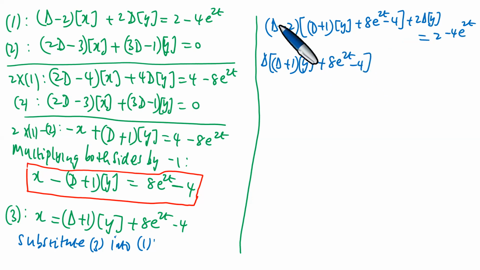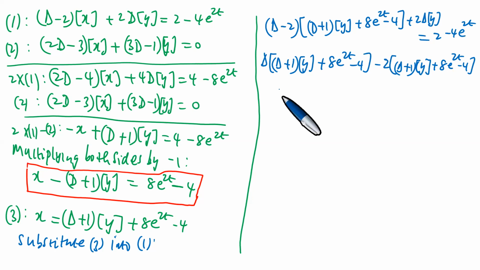It's this now, d minus 2 on this as well, which is (d plus 1) y, and then plus 8e to the twice t minus 4. And then now you have the plus twice d on y, which equals 2 minus 4e to the twice t.